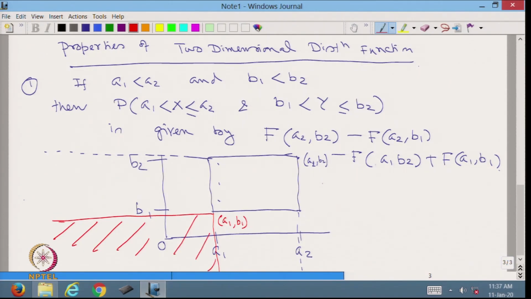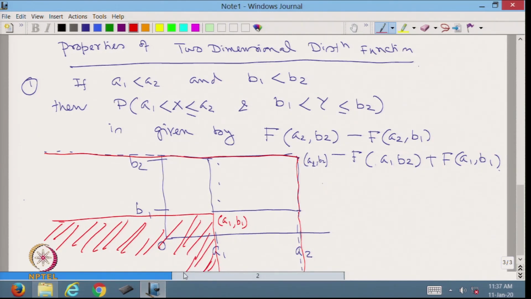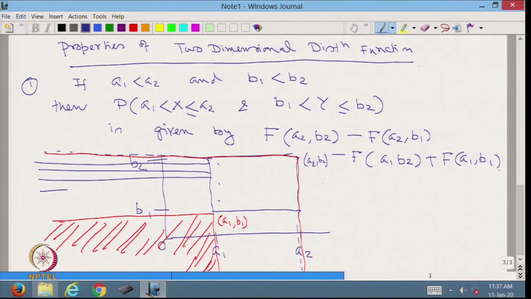Therefore, we need to subtract from this rectangle, as I am marking it here with red, this rectangle, which now I am marking with blue line, and also this rectangle, which I am marking with blue line.